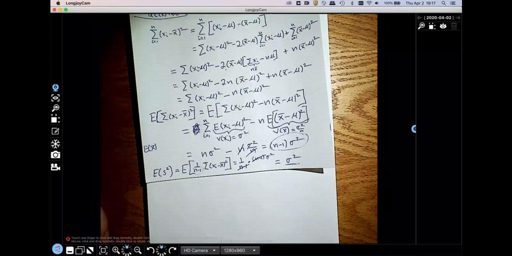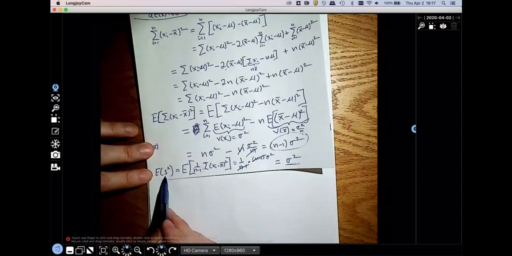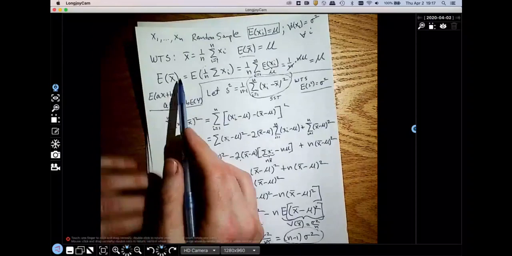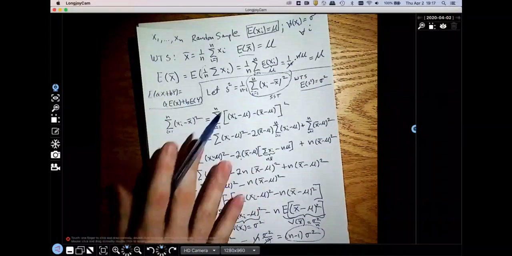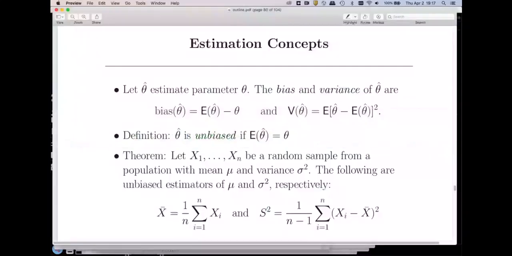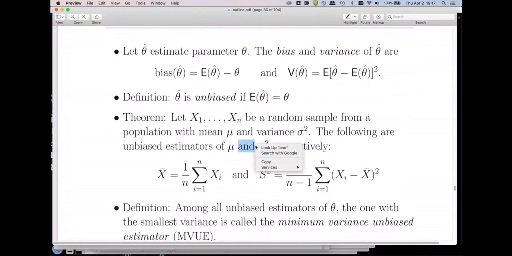So therefore, both s squared and x bar are unbiased estimators of their respective parameters, which is what I wanted to show in this theorem. All right, moving on.